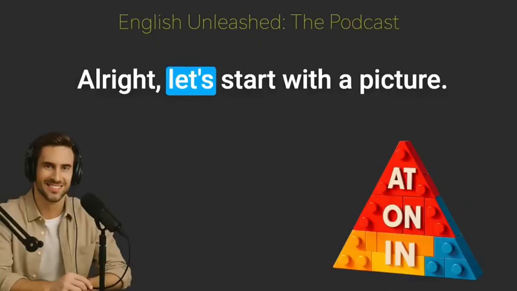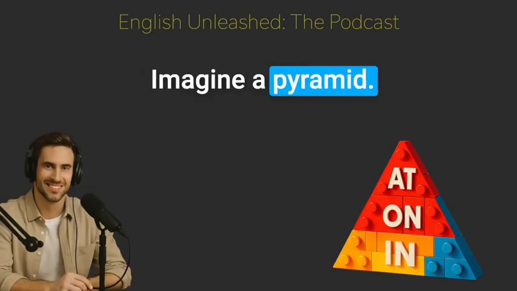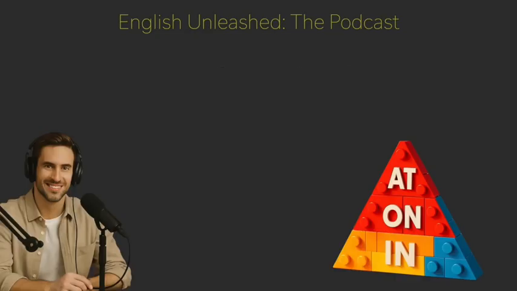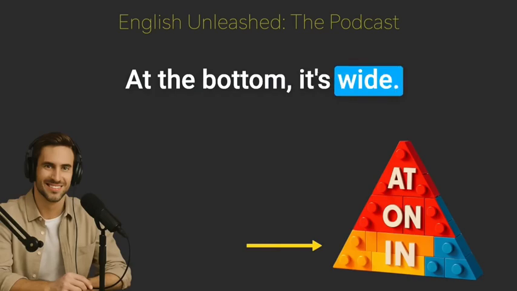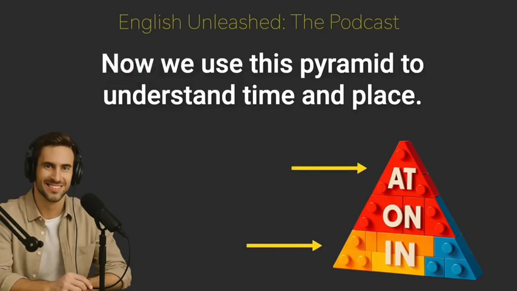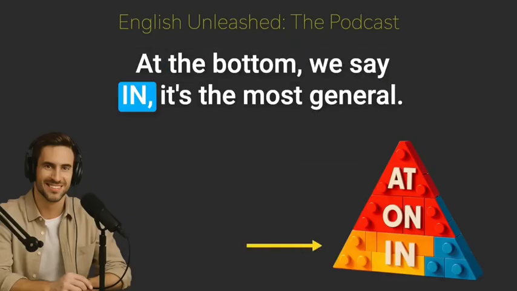All right. Let's start with a picture. Imagine a pyramid. This is a pyramid. So a pyramid is a triangle shape. At the bottom, it's wide. At the top, it's very small. Now, we use this pyramid to understand time and place. At the bottom, we say in.